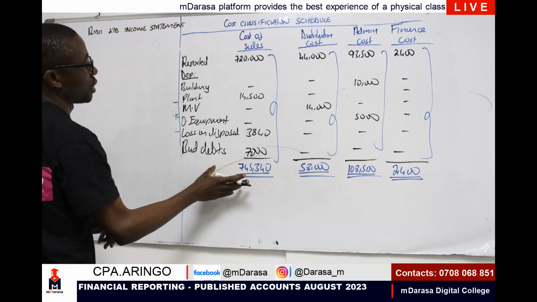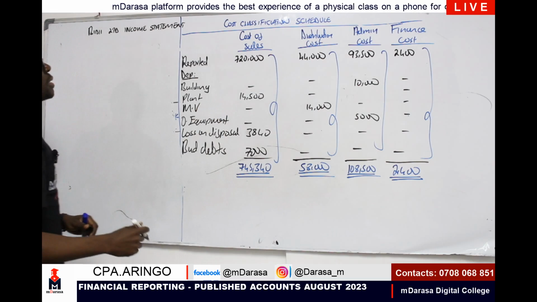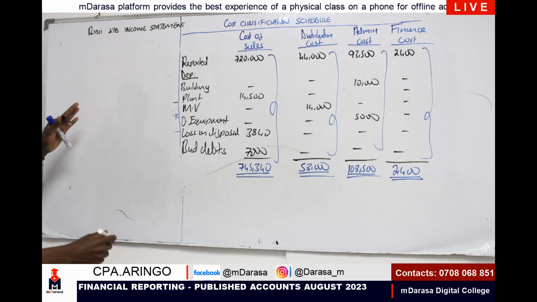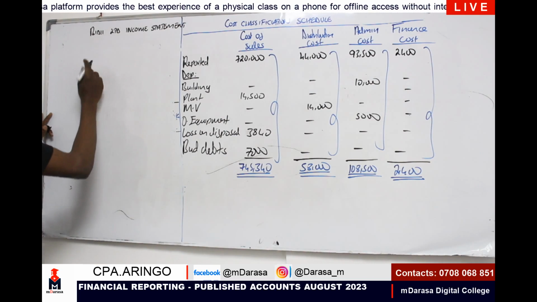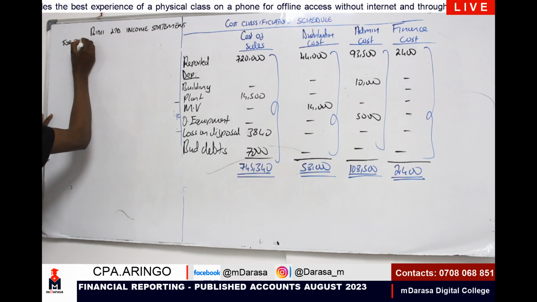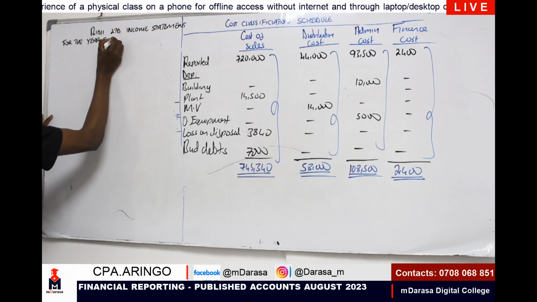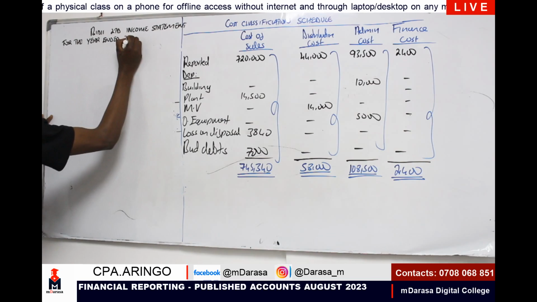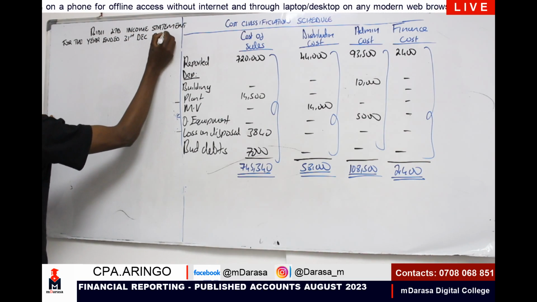I know you had all this. If it will fit here, then that would be very okay. Income statement for the year ended 31st December 2022.